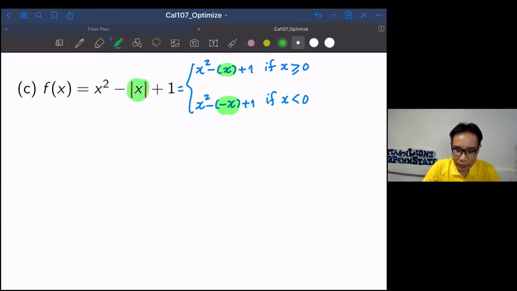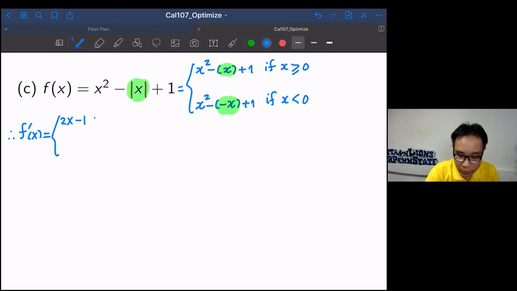So you see that we have a function that has two cases. So you're going to be able to find the derivative of this function. You basically differentiate this, and you get 2x minus 1 if x is positive, and it's going to be 2x plus 1 if x is negative.